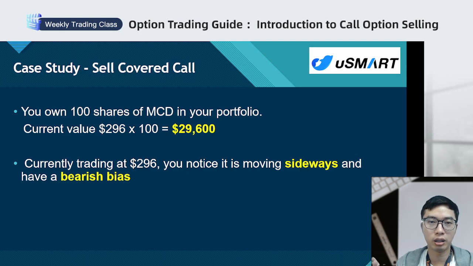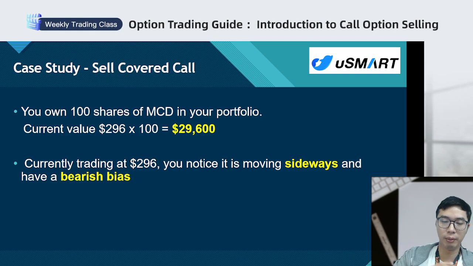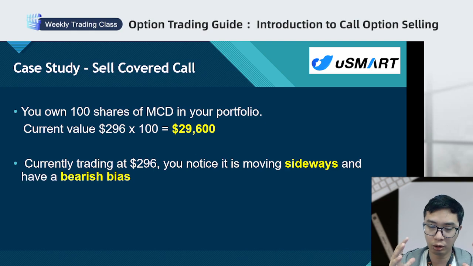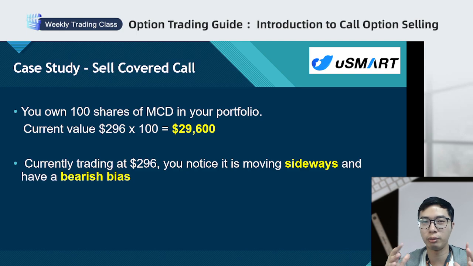The current trading price is 296, and we buy these 100 shares at 296. We notice that the market will move sideways and have a bearish bias. While these are long-term stocks, in the short term you are looking at a short-term downtrend or correction. However, the stocks you want to buy should have good long-term fundamentals.